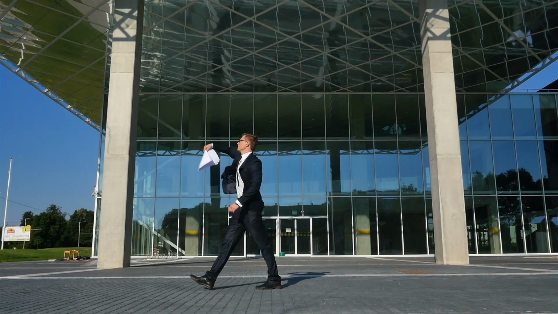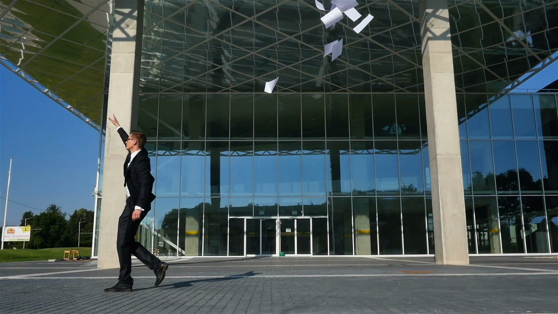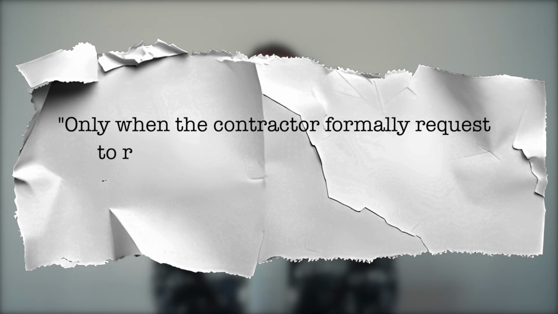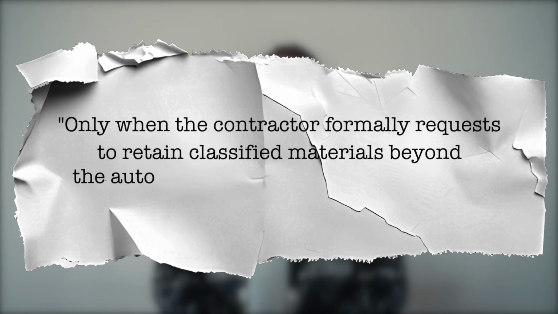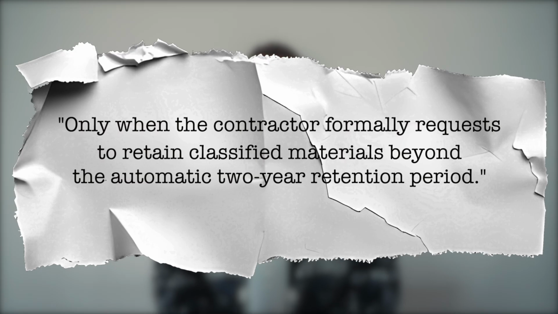At the end of performance, a final DD 254 may be issued if the contractor formally requests to retain classified materials beyond the automatic 2-year retention period. If approved, the final 254 provides the retention authority and includes the required disposition instructions.